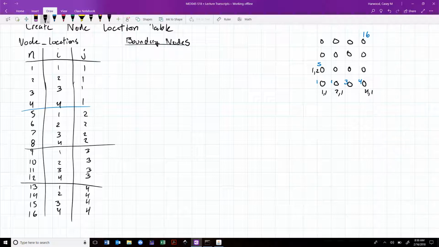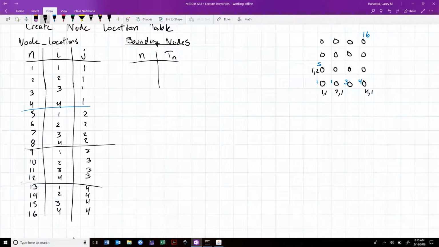So the idea here is that this table allows you to search out the value of n for all nodes on a boundary. So what you're going to do to build your boundary table is n, and then over here you're going to put the known temperature at that boundary.